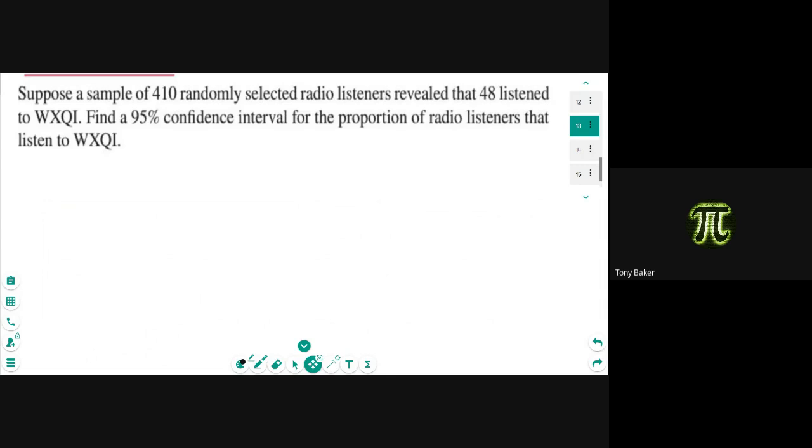Suppose a sample of 410 randomly selected radio listeners revealed that 48 listened to WXQI. Find a 95% confidence interval for the proportion of radio listeners that listen to WXQI. All right.